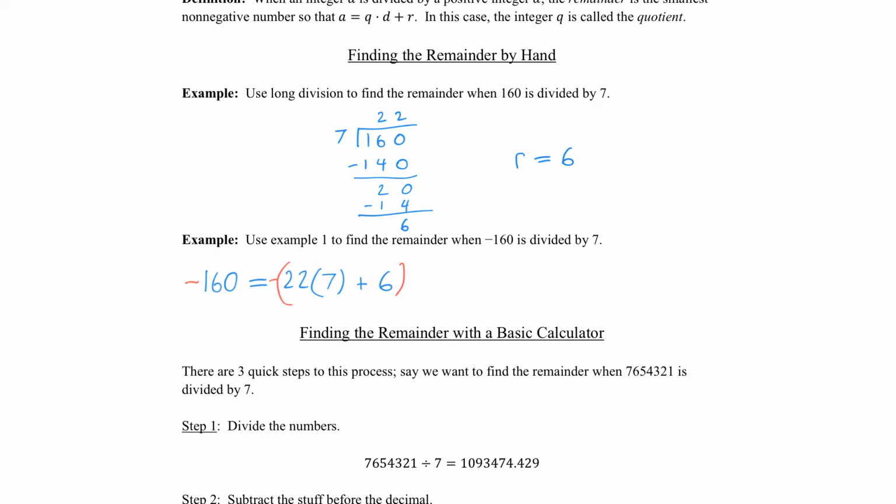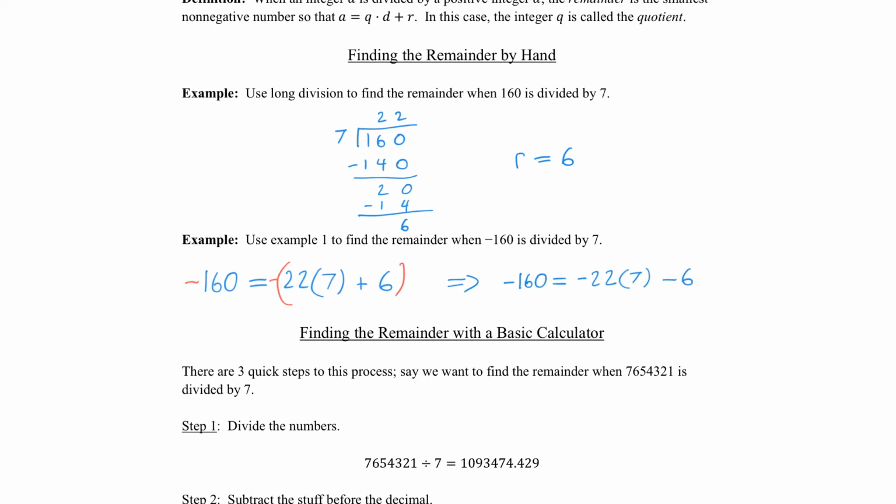Okay, so what we would get out of that equation implies that minus 160 is equal to minus 22 times 7 minus 6.